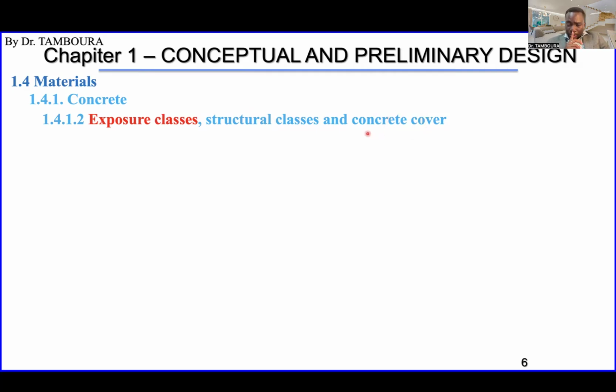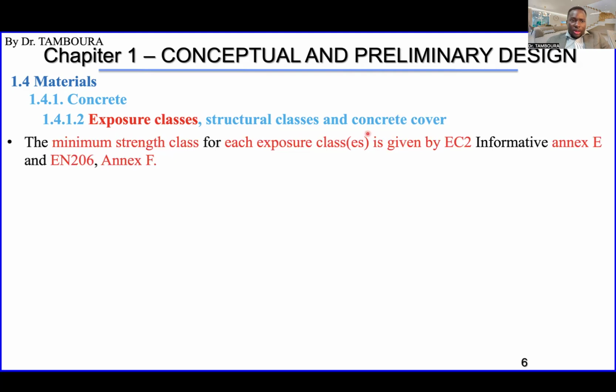If you go in Eurocode 2, the informative Annex E, or the EN 206 Annex F, you will find different requirements or minimum strength class of concrete depending on the exposure of the building.